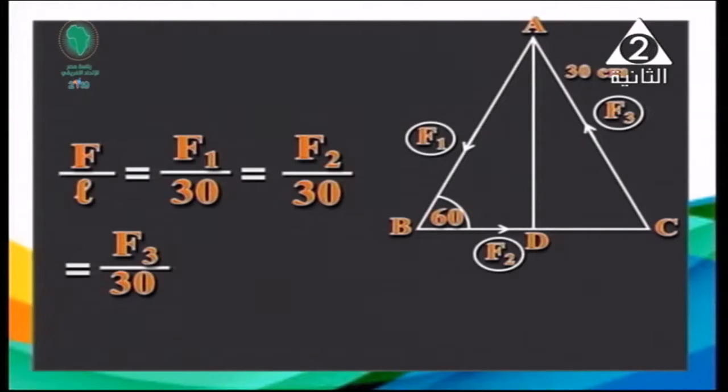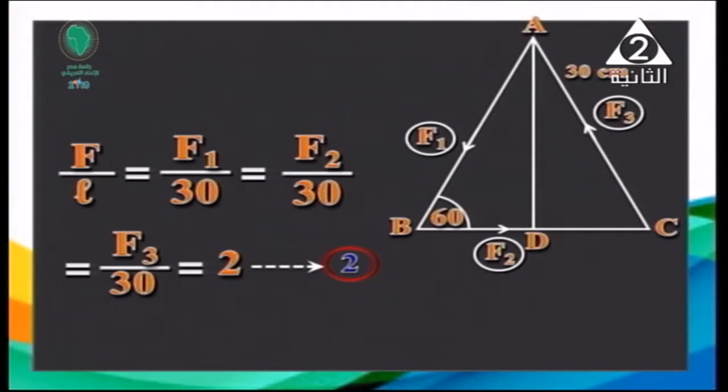We can represent the scale F over L equals F1 over 30 equals F2 over 30 equals F3 over 30. Why? Because ABC is an equilateral triangle and the three forces act on AB, BC, CA in cyclic order.